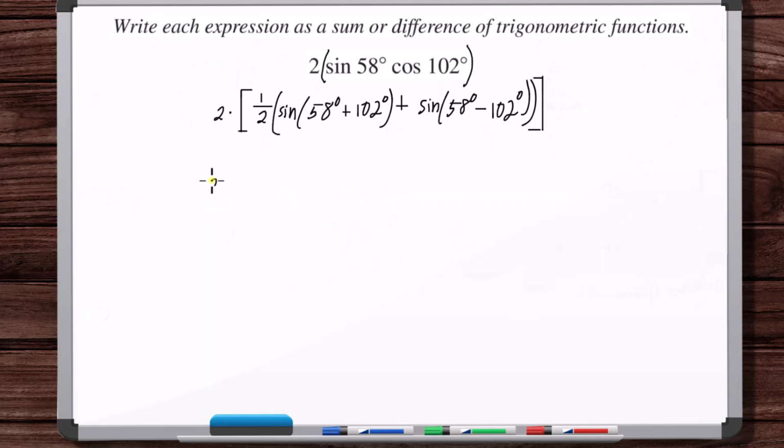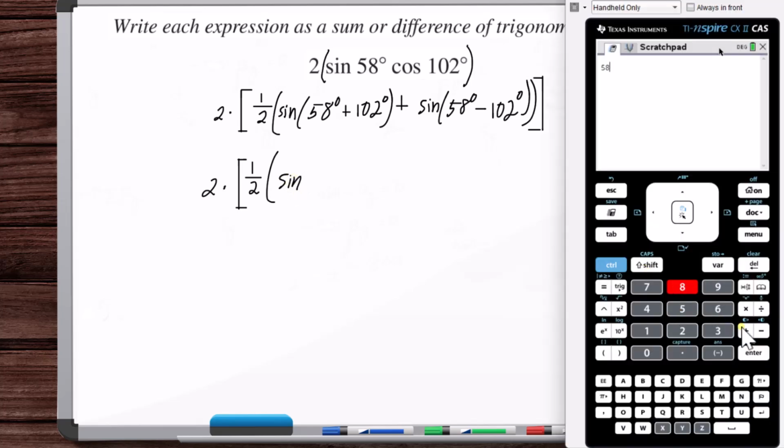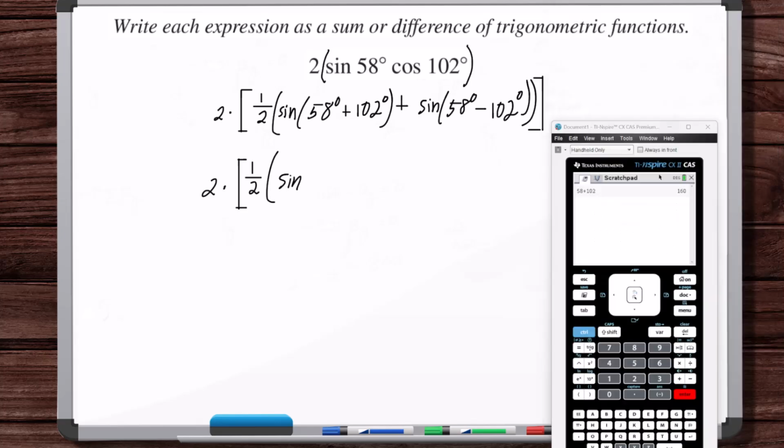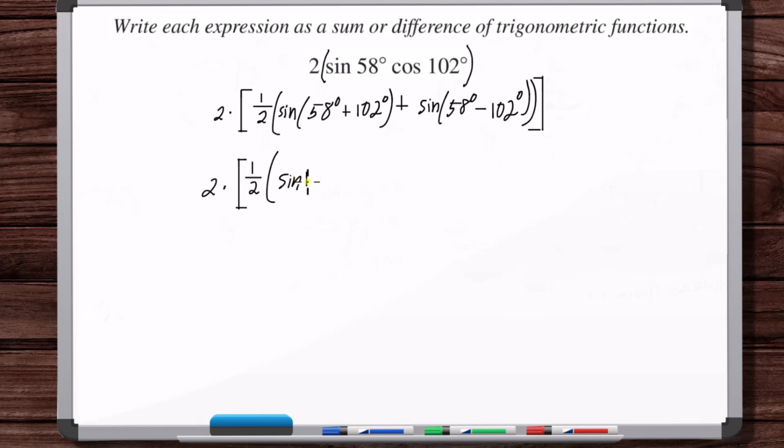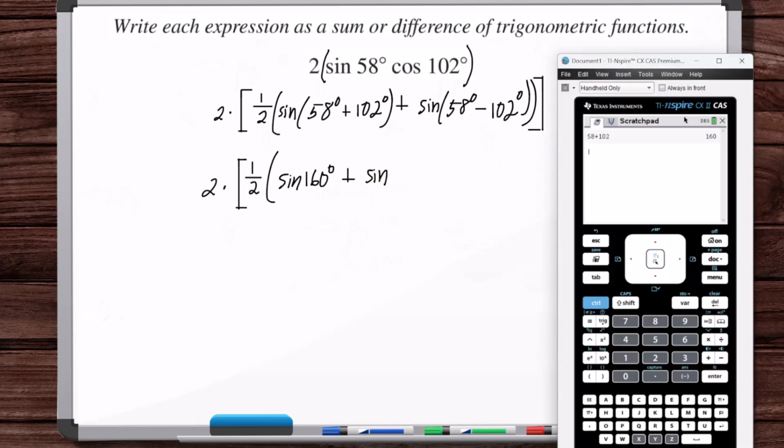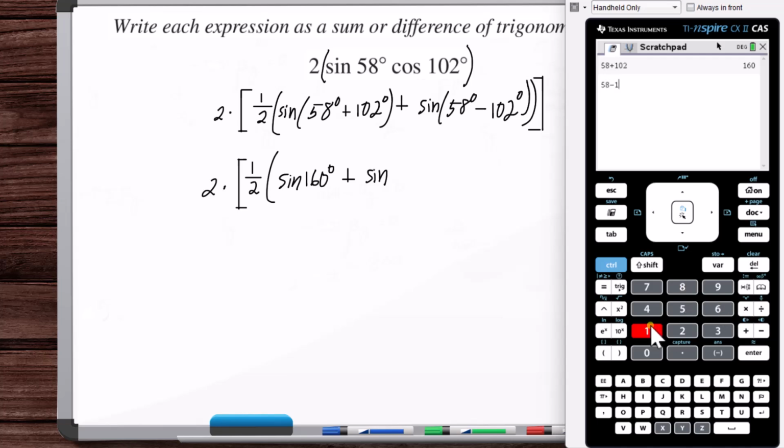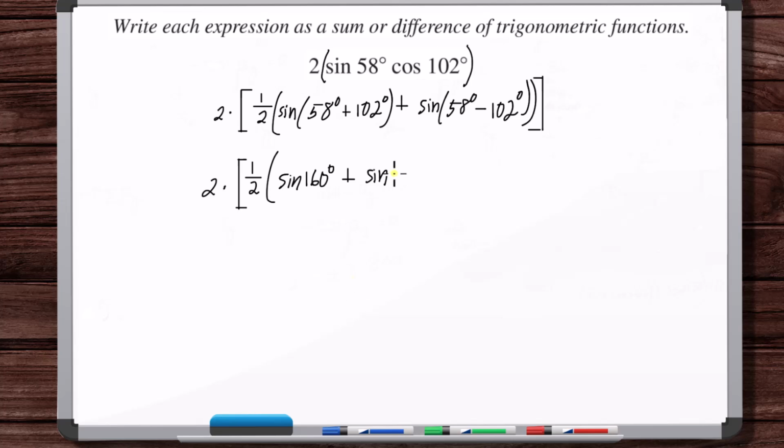So 2 times 1/2, sine of 58 plus 102. 58 plus 102 is 160. Sine of 160 plus sine of 58 minus 102, which is minus 44.